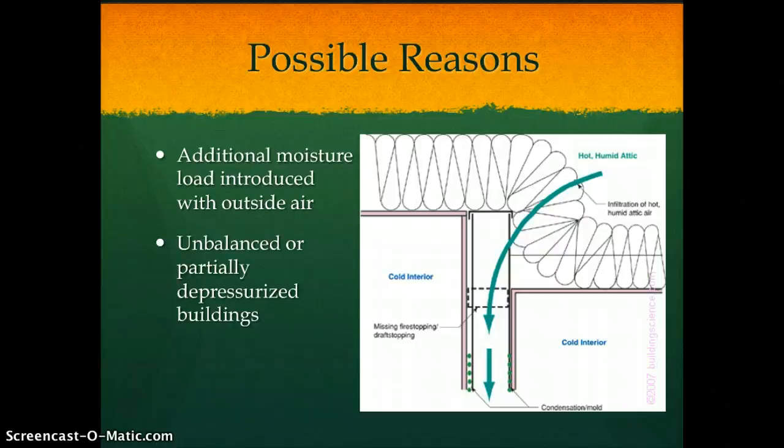When this condition occurs, moisture problems become more prevalent. These unbalanced conditions happen when air is trying to flow from the supply side of the air handler equipment to the return side, but is restricted by structural or architectural barriers.